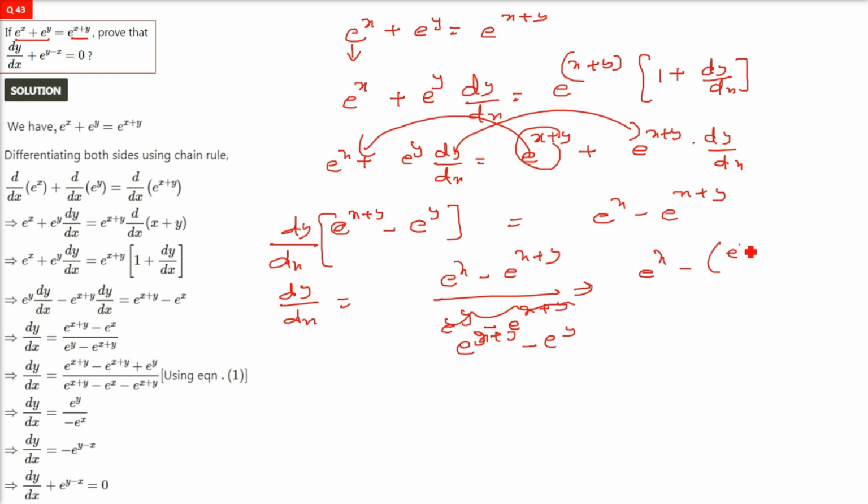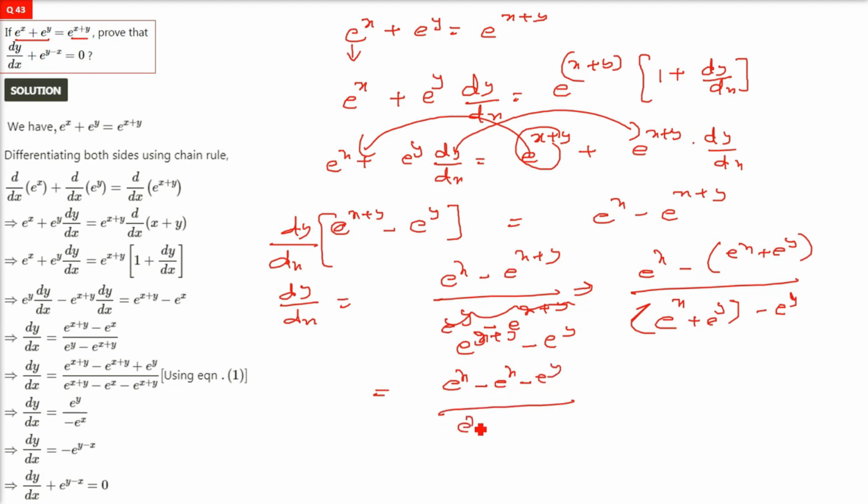In this place you can write e raise x plus e raise y, and divided by, you have e raise x plus e raise y minus e raise y. This is the only thing which you have to do. Other things you already know. So e raise x minus e raise x minus e raise y, then e^x, e^y minus e^y.